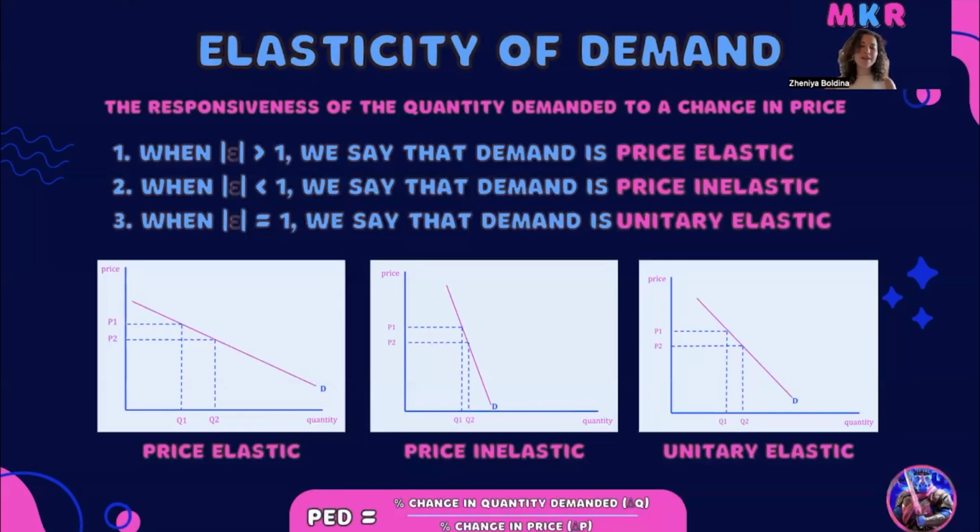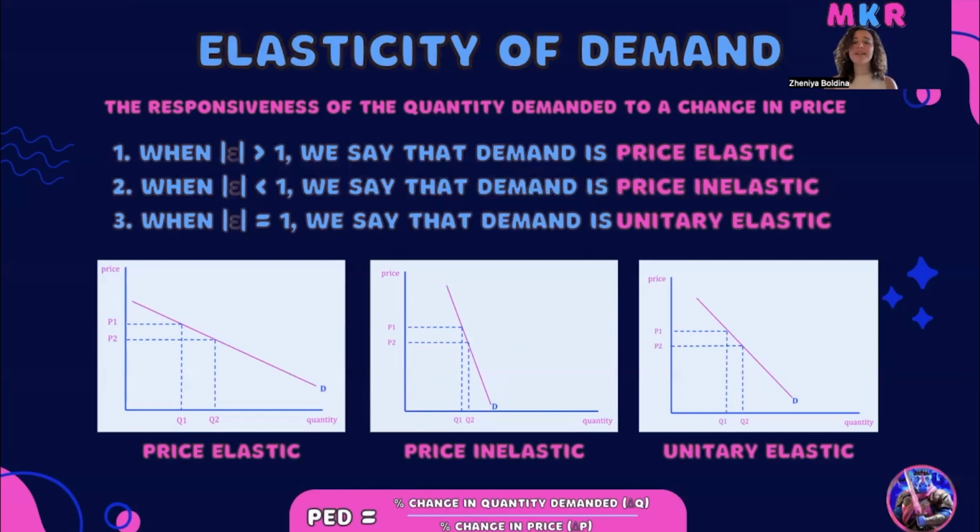For instance, if the price for Domino's significantly increases, from P2 to P1, our quantity demanded will decrease even more significantly, from Q2 to Q1, as consumers will be ordering more from Pizza Hut because the price for Domino's is now much higher. So we say that in this case, our demand is price elastic.